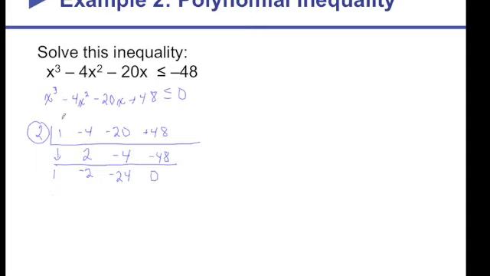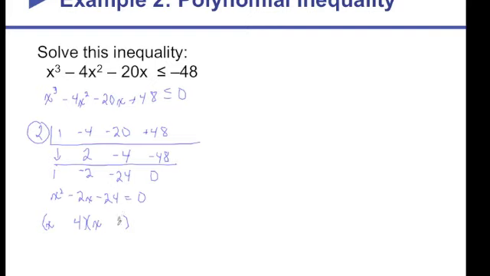And now, since this was an x cubed, I now have an x squared minus 2x minus 24 equals 0. Factoring this, x and x, I need two numbers that multiply to negative 24 and add to negative 2. 4 and 6 have a difference of 2 and multiply to 24.